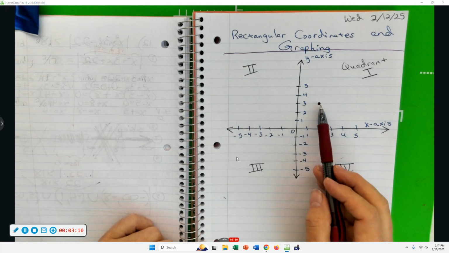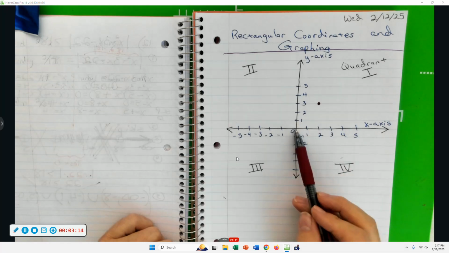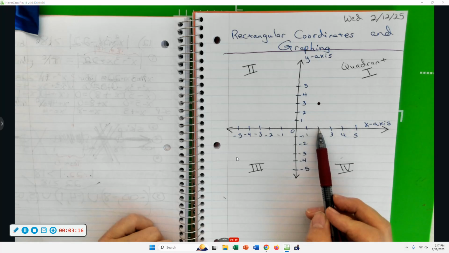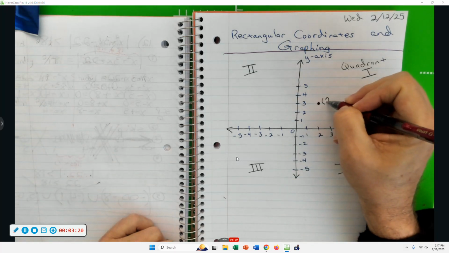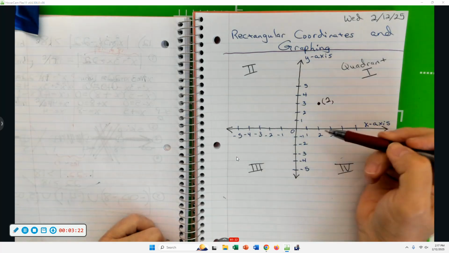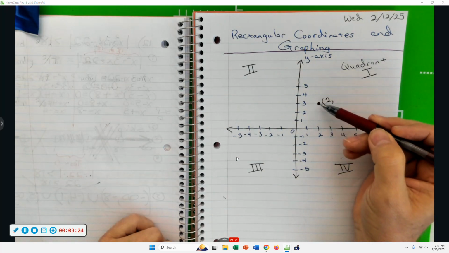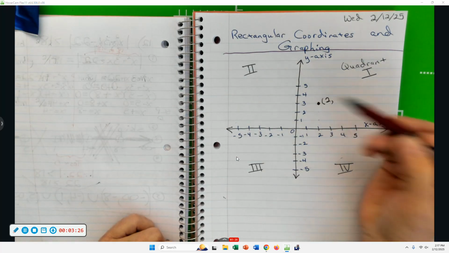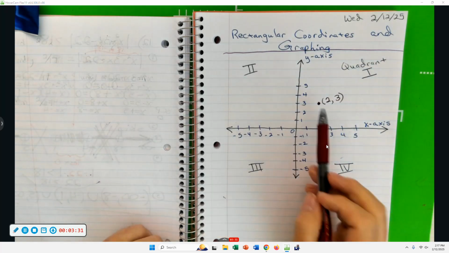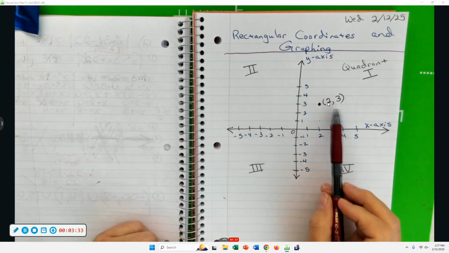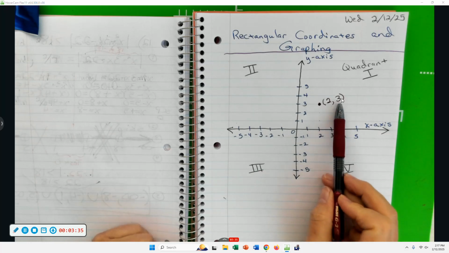To get vertically positioned underneath this point, you'd have to go 2 units to the right. So we say the x-coordinate of this ordered pair is 2. You then have to go 3 units up to actually get to that spot, so the y-coordinate is 3. So this little spot right there, we can refer to it using the ordered pair (2, 3).